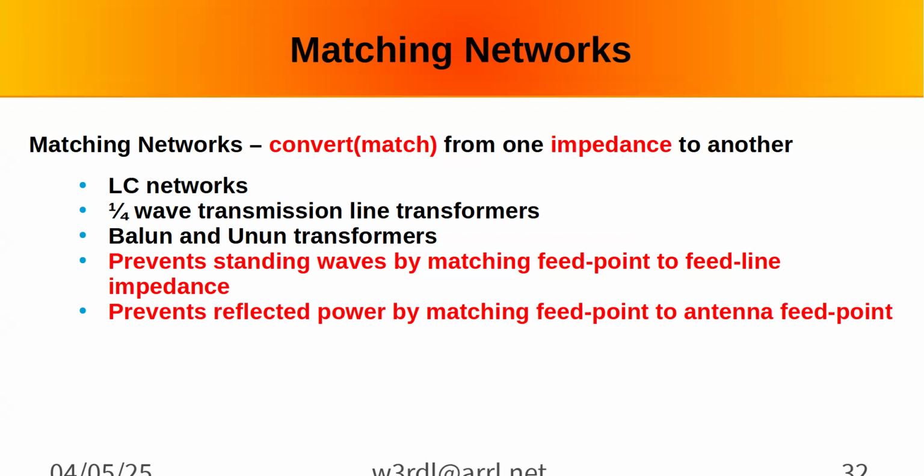Okay. So for matching networks, we can have an LC network. We can have a quarter wave transmission line transformer we talked about before. We use baluns and ununs. The difference is a balun is balanced to unbalanced, and an unun is unbalanced to unbalanced. Basically, we're trying to prevent a standing wave by matching the impedance of the feed line to the feed point of the antenna.